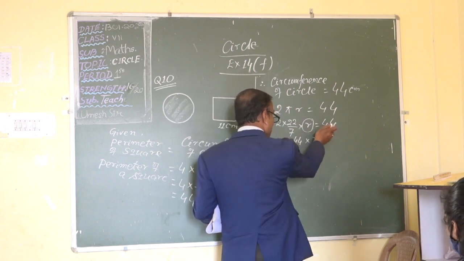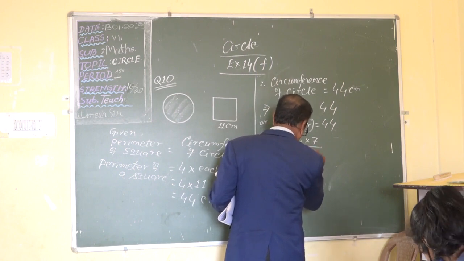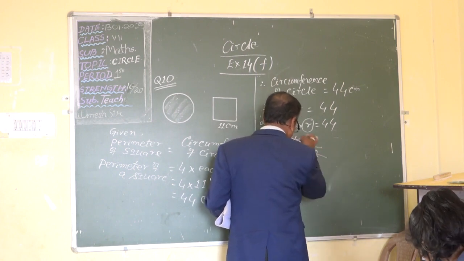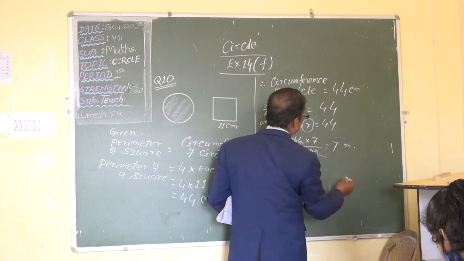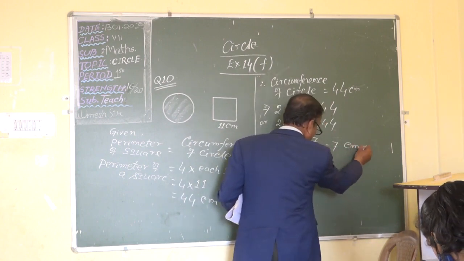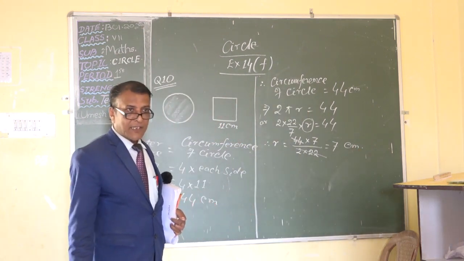This 7 will be multiplied here and this 2 will come down. That means 2 into 22, which is equal to 44, this 44 cancel. So this is equal to 7 centimeter. The radius we got is 7 centimeter.